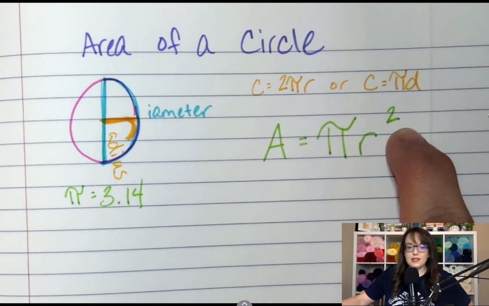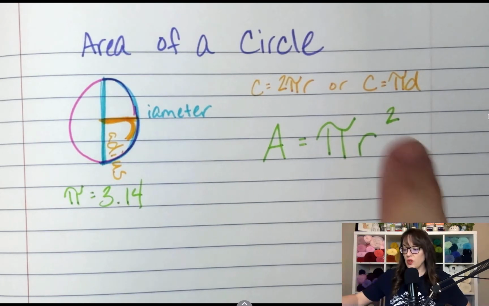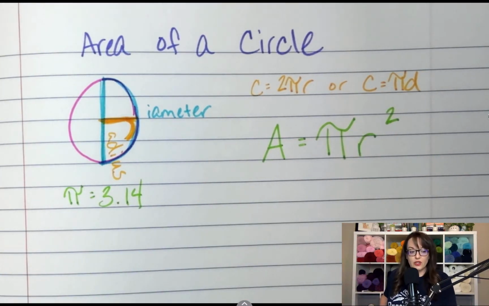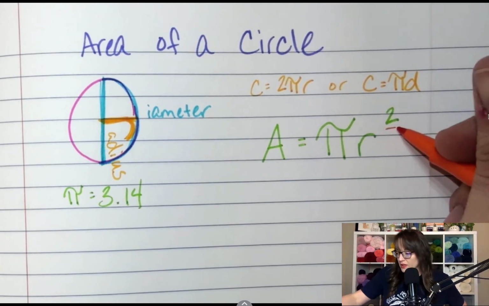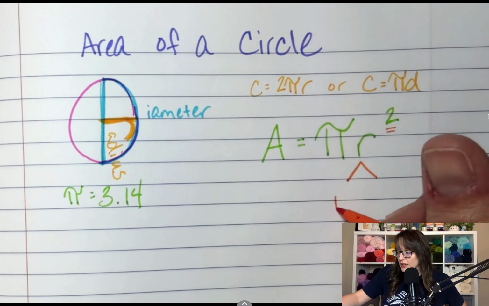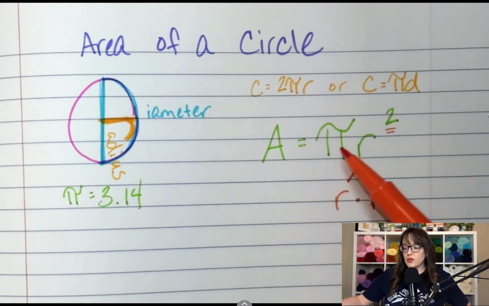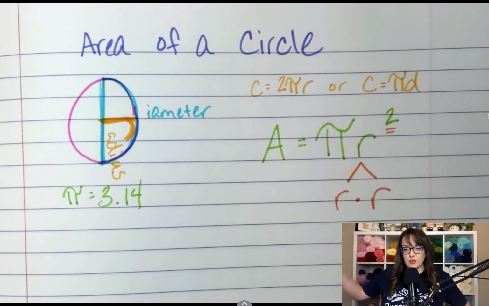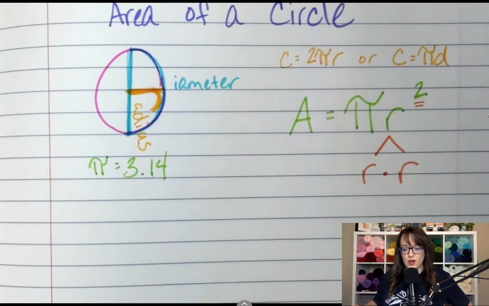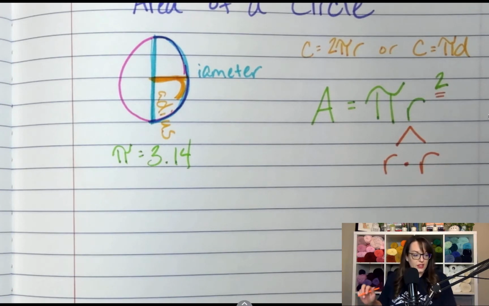This does not mean times 2. What that exponent of 2 means is that we're going to do radius times radius. So essentially we're doing pi times radius squared.